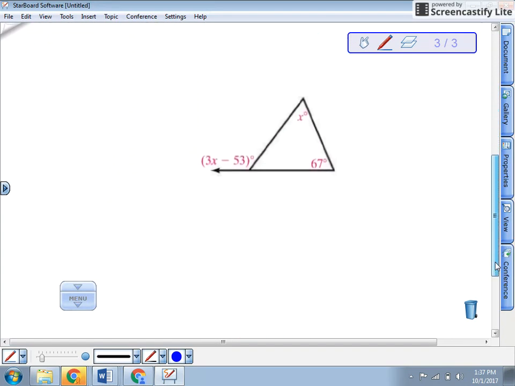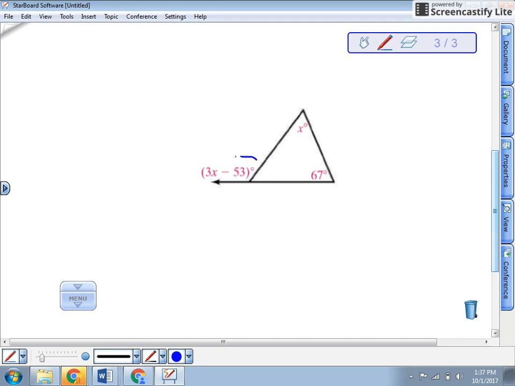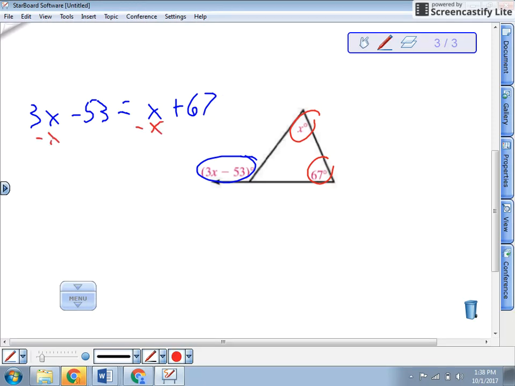Let's take a look at an exterior angle problem. Well, we know that this angle has to equal these two angles. It's that easy. So let's just set it up just like that: 3x minus 53 equals x plus 67. So now it's just a simple algebra problem. Let's get the x's over here. Subtract x, subtract x.